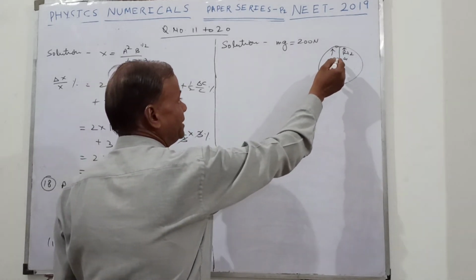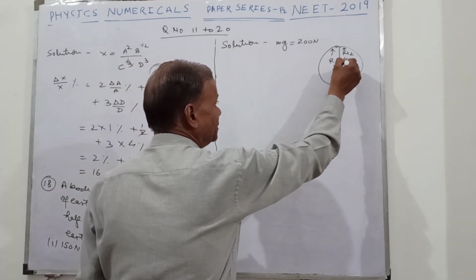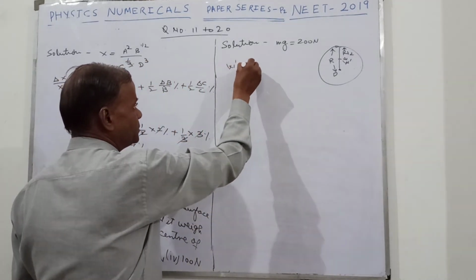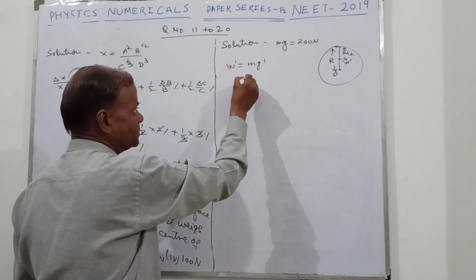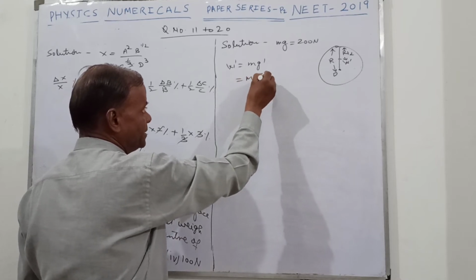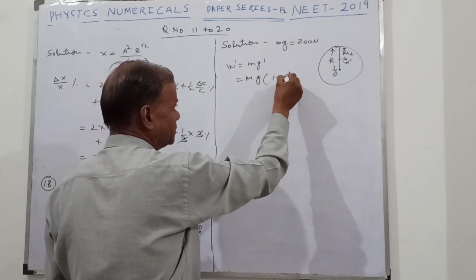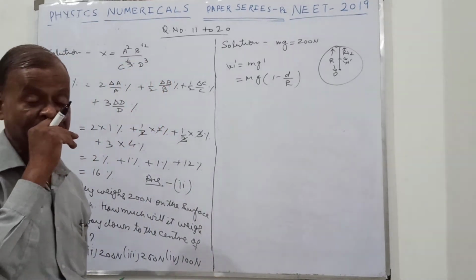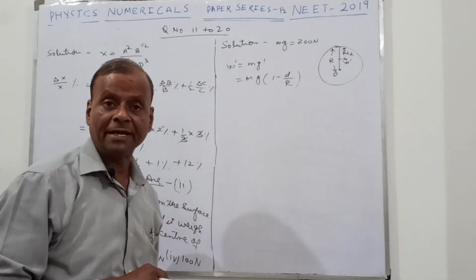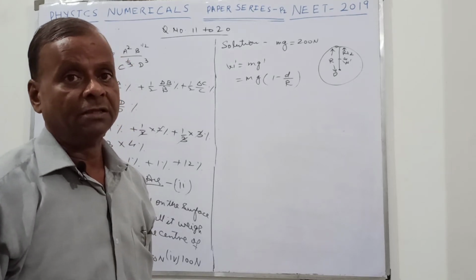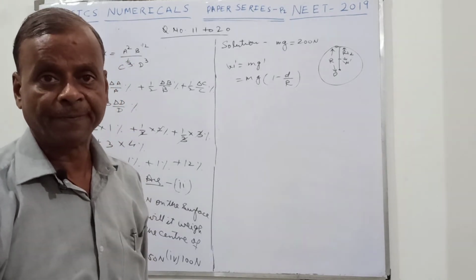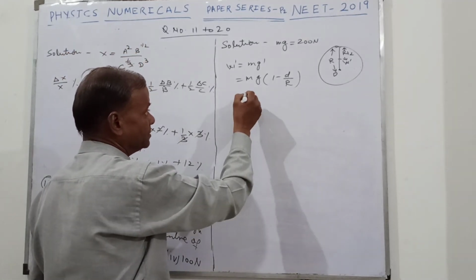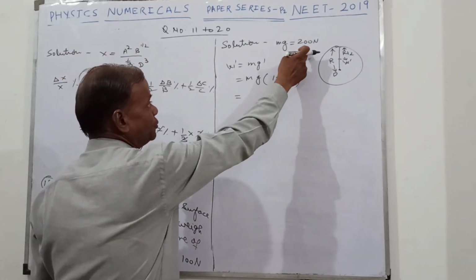So now weight at this point, W dash equal to mg dash, and mg dash is equal to mg into 1 minus d upon r, this is the formula for the change in gravitational acceleration inside the earth. This mg is given to you 200 Newton.